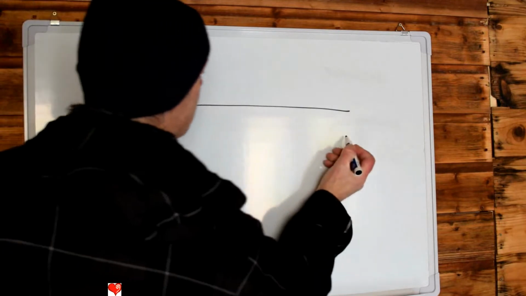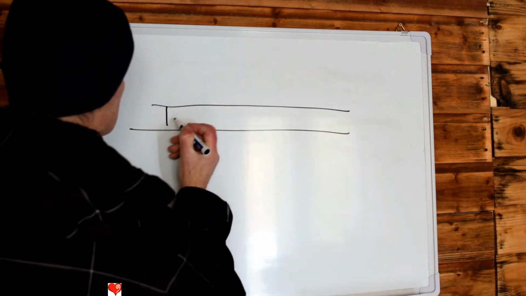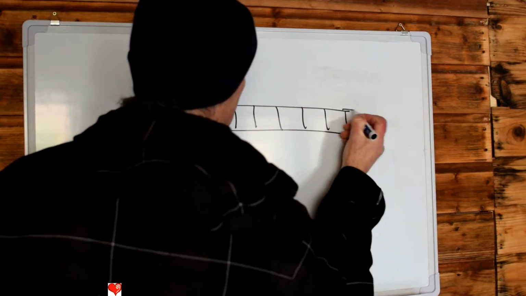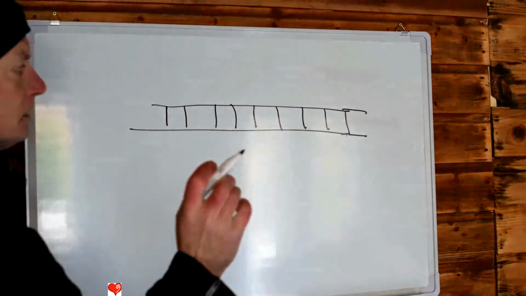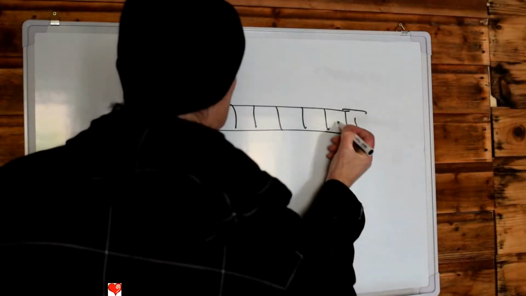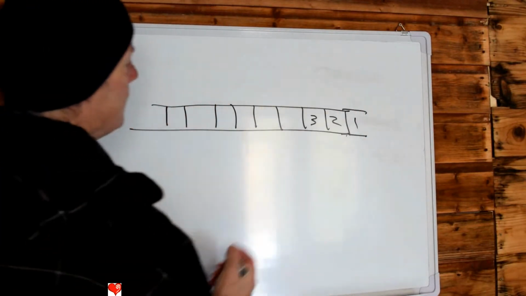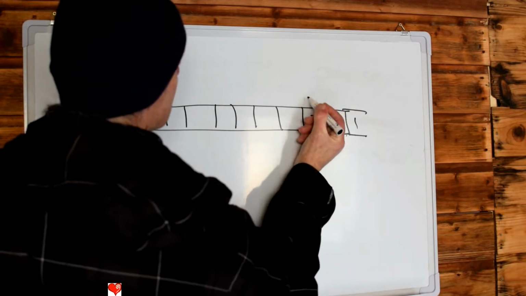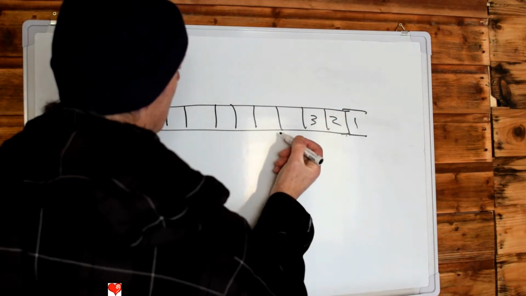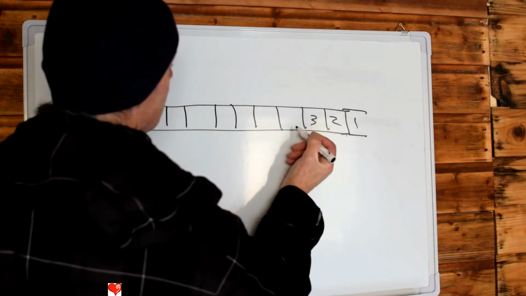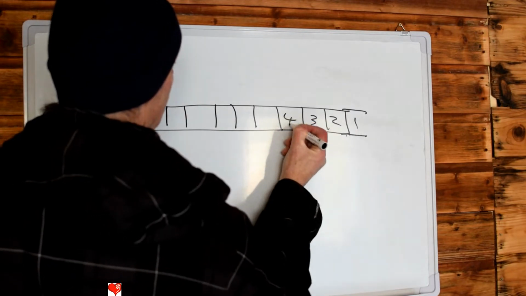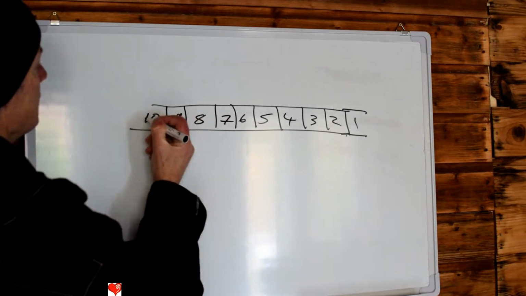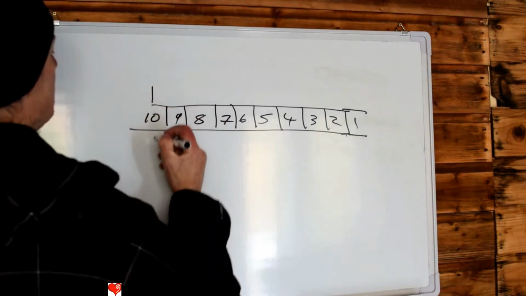We have the chain, and here's the difference. 1, 2, 3. Here it's missing a hydrogen. Okay? 1, 2, 3 in. 4, 5, 6, 7, 8, 9, 10. Right? Same thing again.